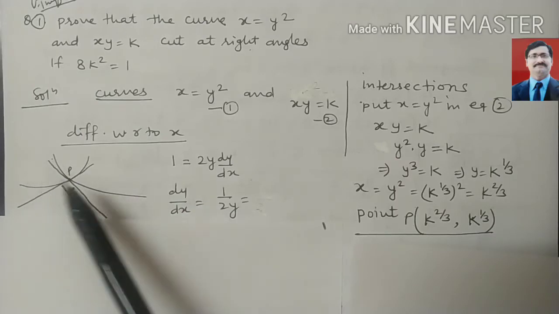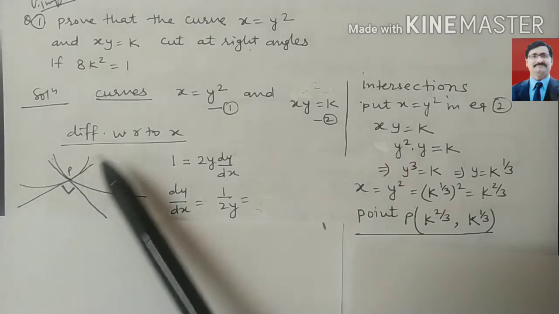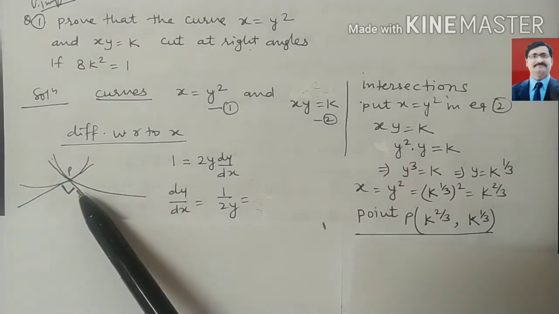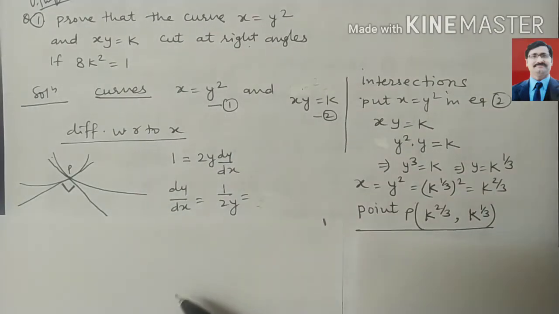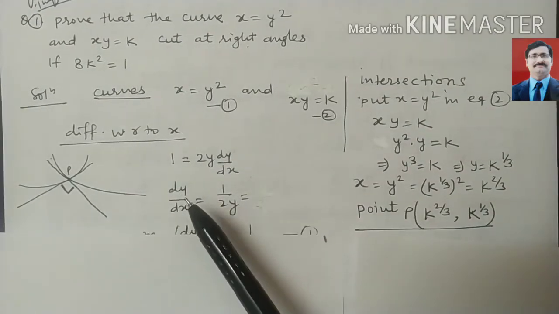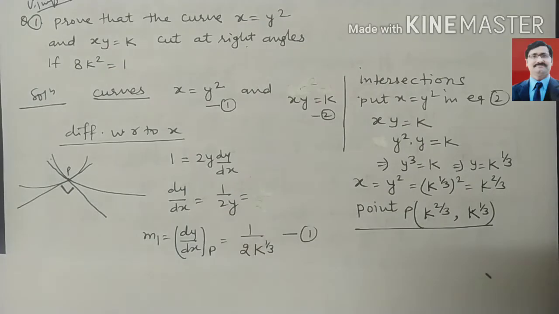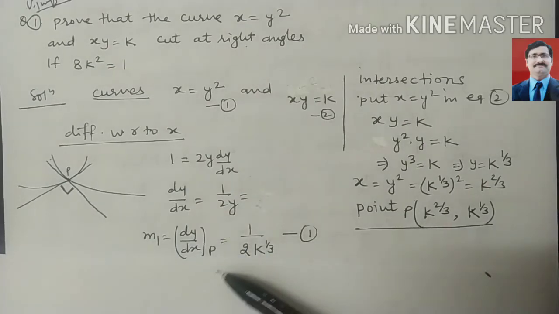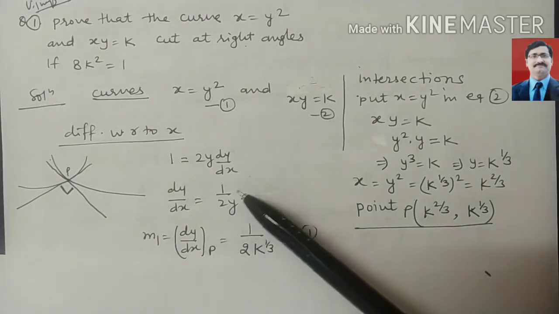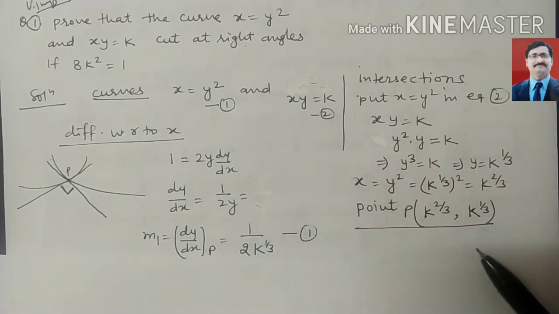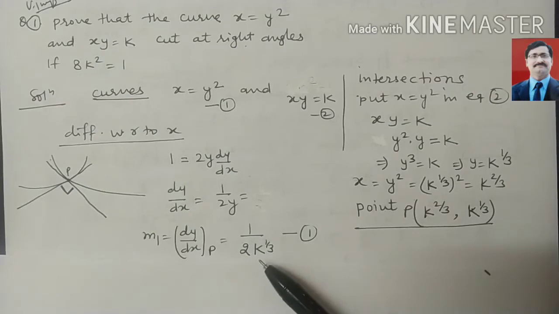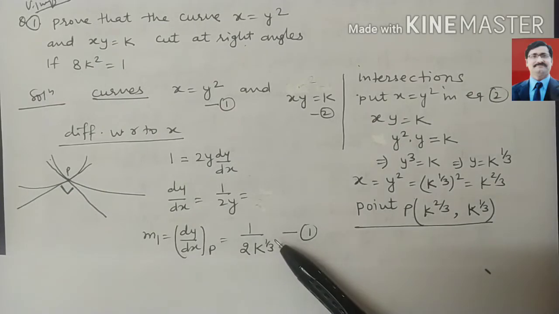These two curves are given, and the tangents are perpendicular, as given in the question. Now we put in the point to get the slope m1. m1 is equal to dy by dx at point P, so we put y equal to k power 1 upon 3, and we get m1.